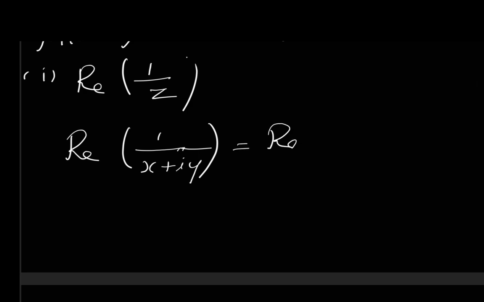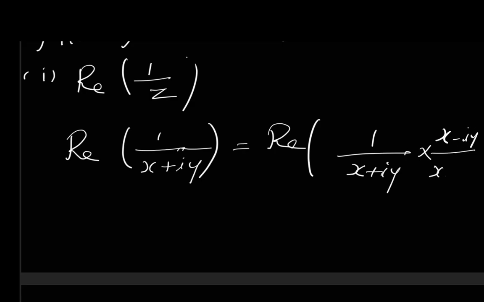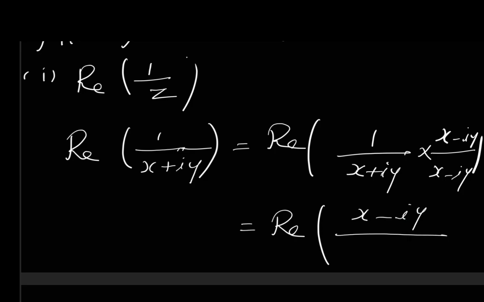So, real part of, take the conjugate of this x plus iy on both sides, so that is (x minus iy) by (x minus iy). This is equal to real part of (x minus iy) by, using a plus b into a minus b, a squared minus (iy) squared, that is plus y squared.